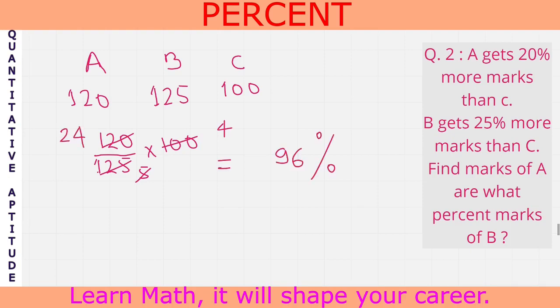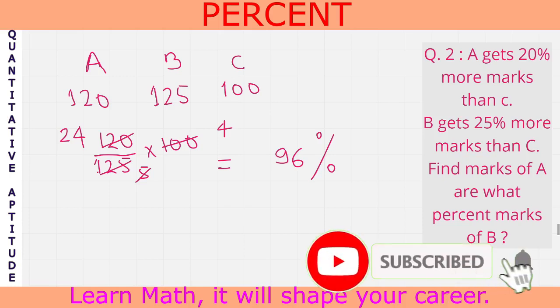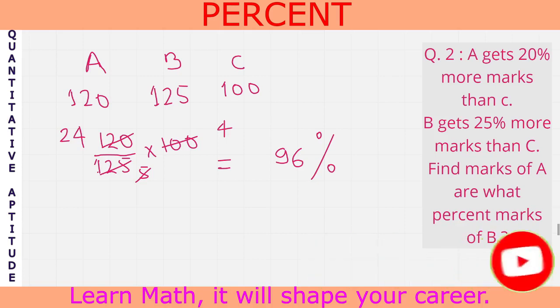So A is 96% of B, or A's marks are 96% of marks of B. This way we can solve the questions very easily when the comparison of three quantities is given.